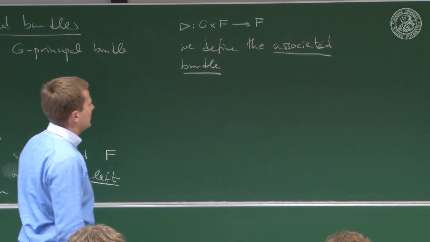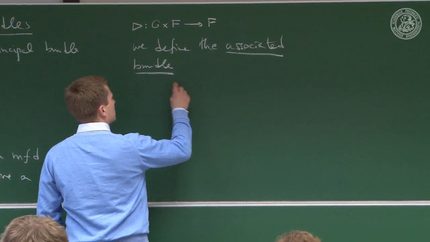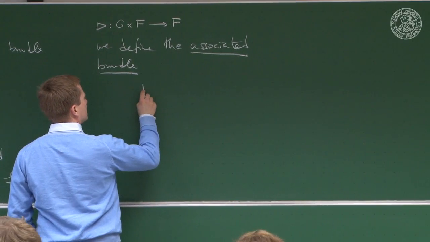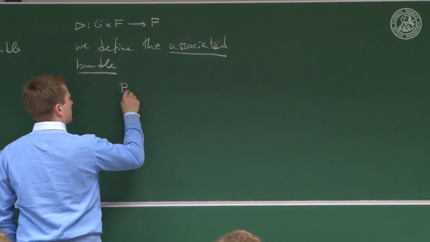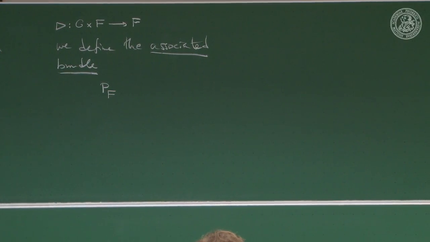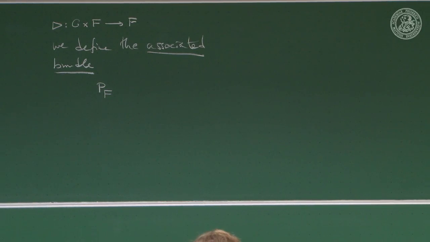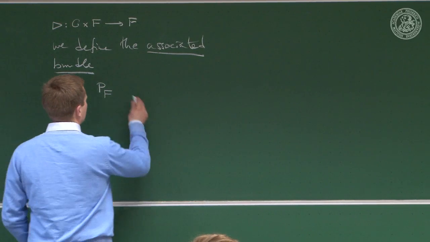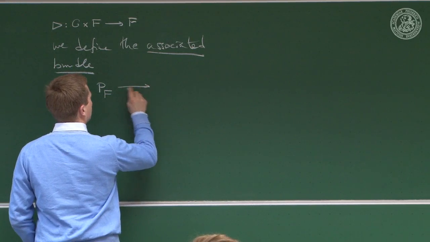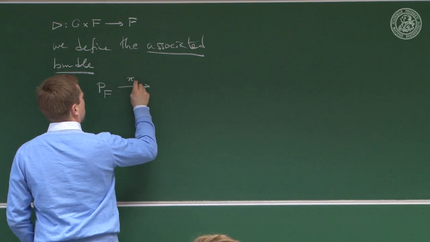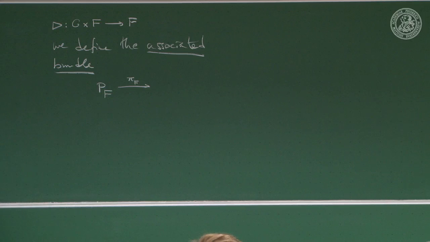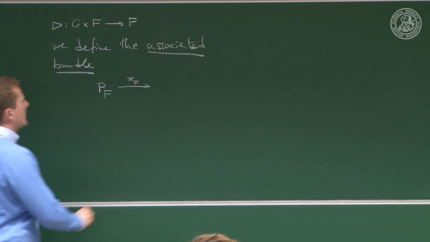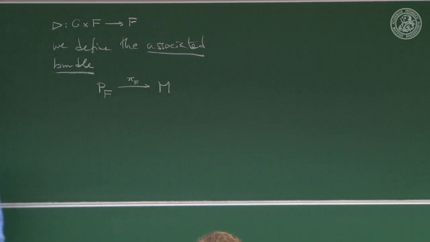This associated bundle, of course, needs a bundle space, and that will be called P sub F, because it will be constructed from F and the principal bundle. There will be a bundle map, which we also denote by pi F, just to show it's not the projection map here, and it goes down to the same base space. So the associated bundle will be a bundle over the same base space.